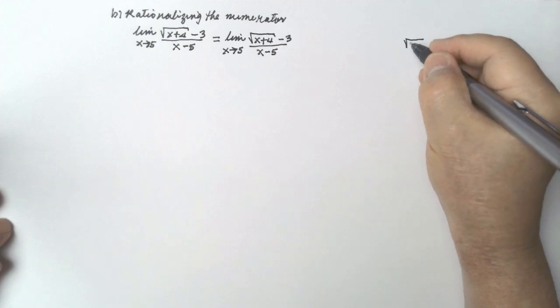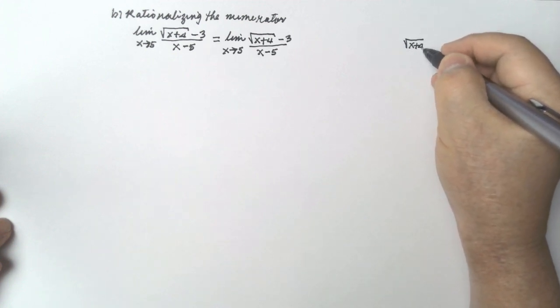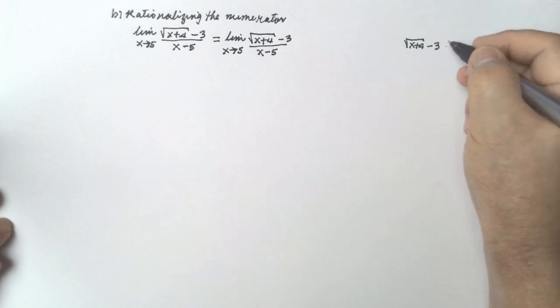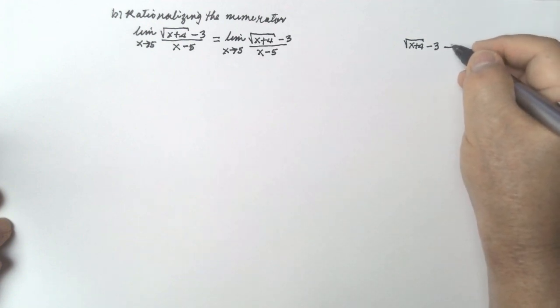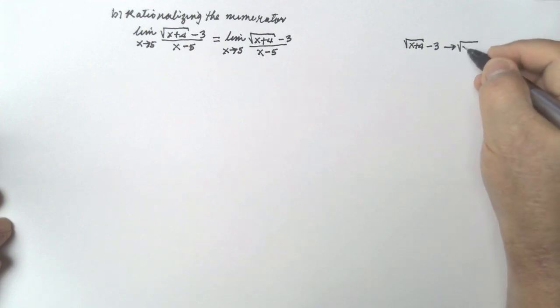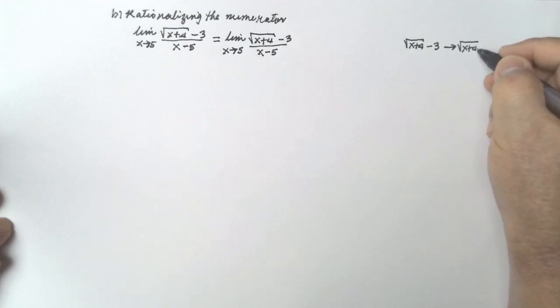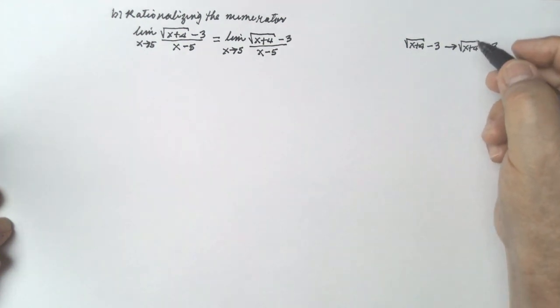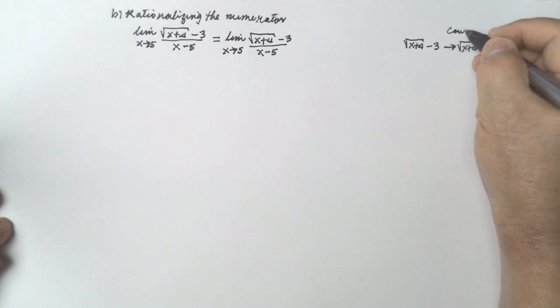The square root of x plus 4 minus 3 has a conjugate of square root of x plus 4 plus 3.